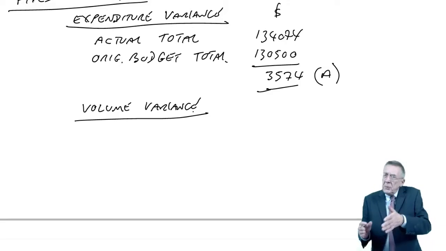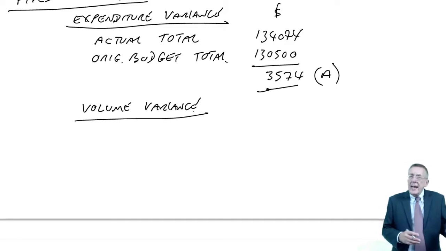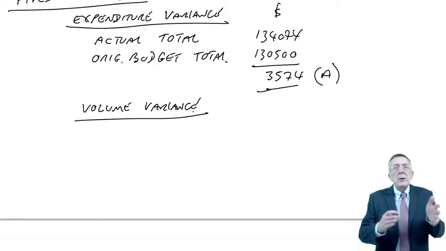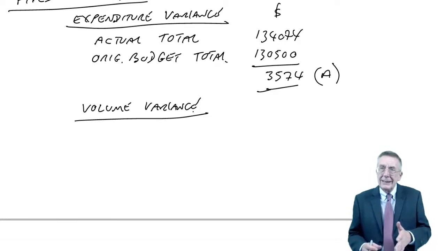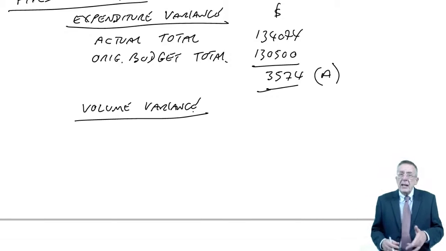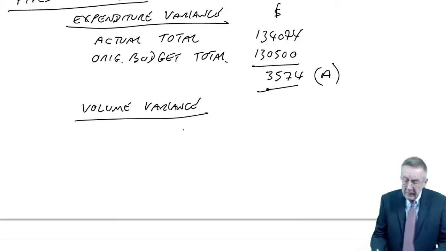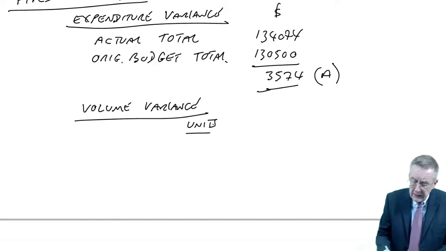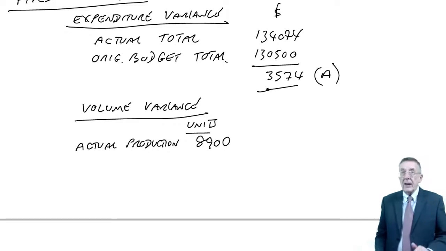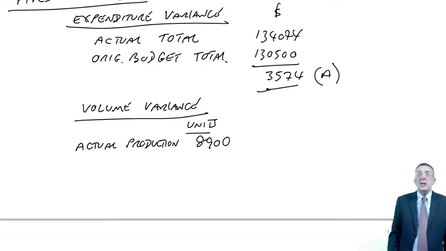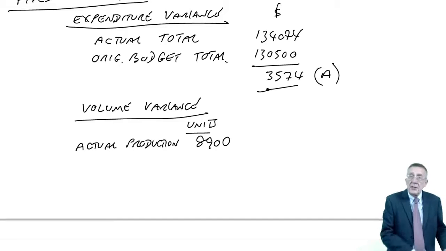It's because we produced more. And in the flex budget, rightly or wrongly, we were putting in every unit produced at the $15 a unit. So to explain what happened there, if we look at units, the actual production was 8,900. And so if you look back, we charged 8,900 at $15 a unit.